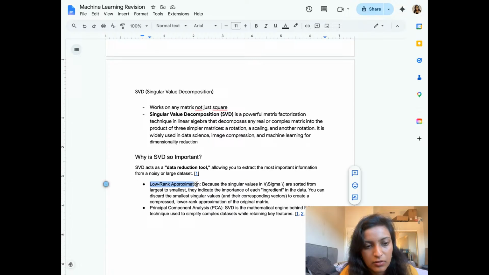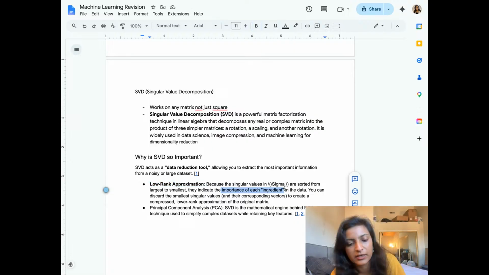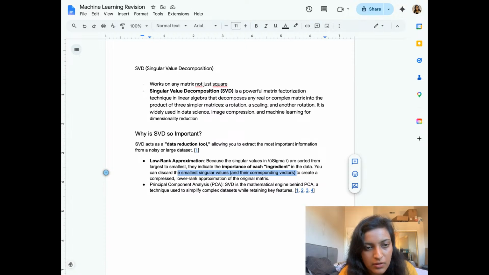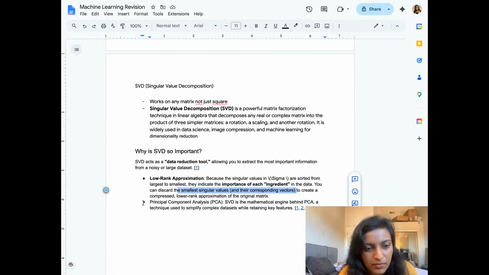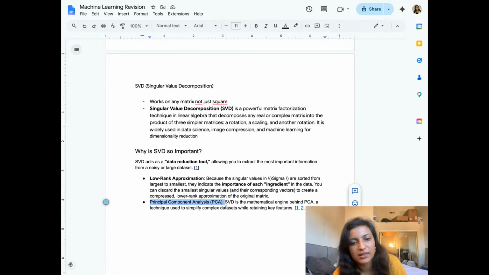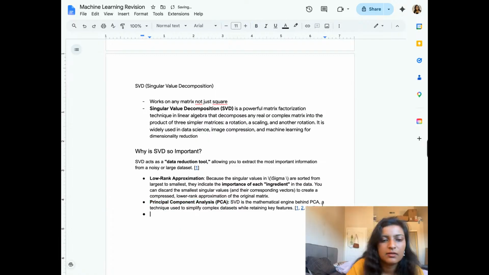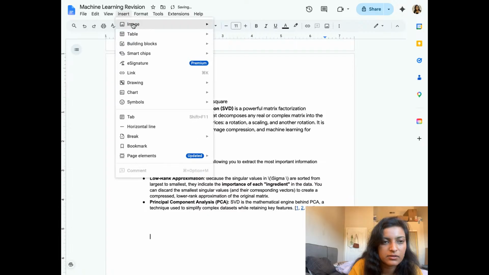So, low rank approximation. Because the singular values in sigma are sorted from largest to smallest, they indicate the importance of each ingredient in the data. You can discard the smallest singular values to create a compressed low rank approximation of the original matrix. PCA: SVD is the mathematical engine behind PCA, used to simplify data while retaining key features.